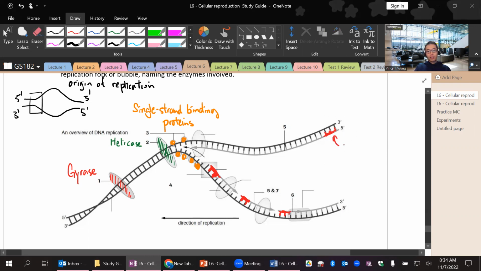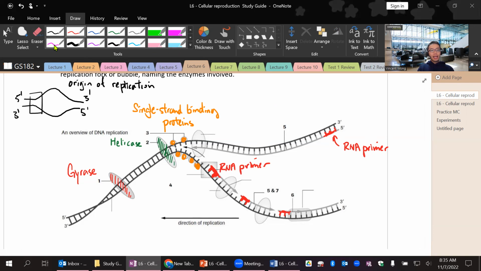Okay, so this thing right here is called the RNA primer. It's going to be complementary to the parent strand, but of course, being RNA, you're not going to have the thymine. Instead, you're going to have the uracil. Okay, so you're going to have another RNA primer right here, and all these are primers.